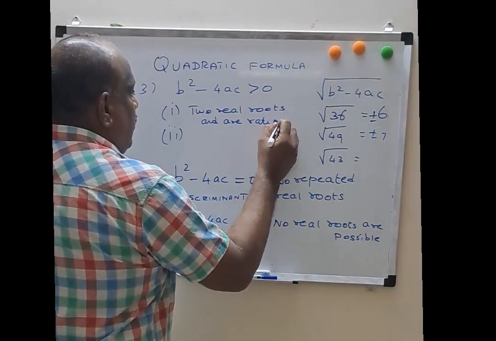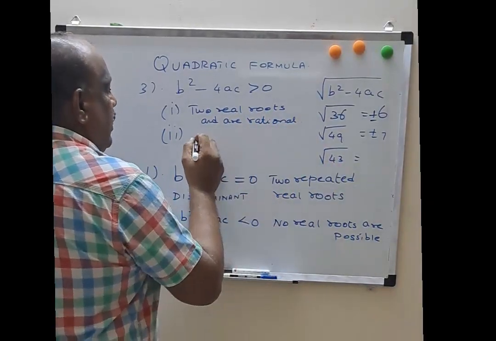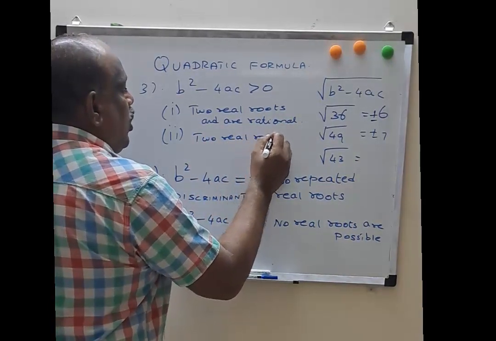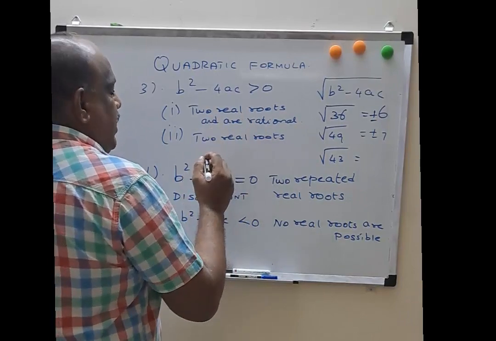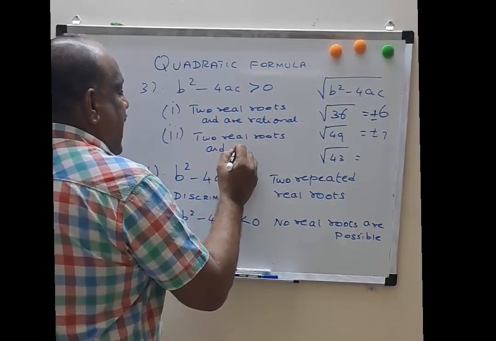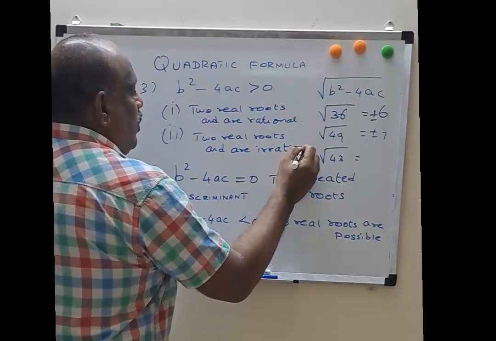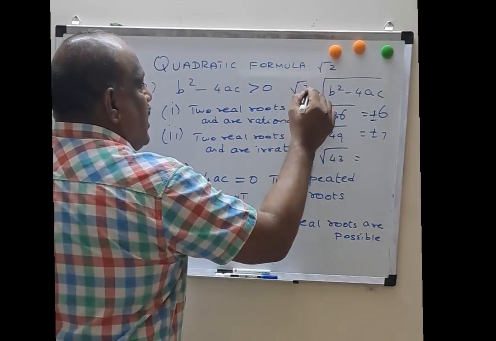On the other hand, if it is an imperfect square, then two real roots are possible. I have not said positive, they can be negative also, but they are real roots. Two real roots are possible and they are irrational. What is irrational? Square root of 2 is an irrational number. Square root of 3, irrational.